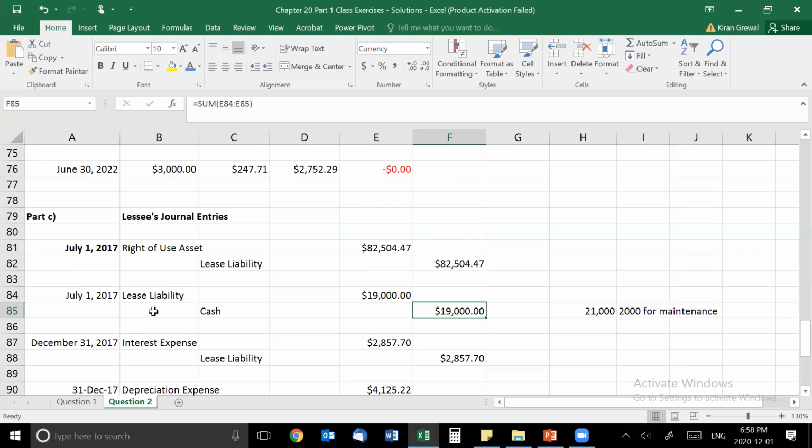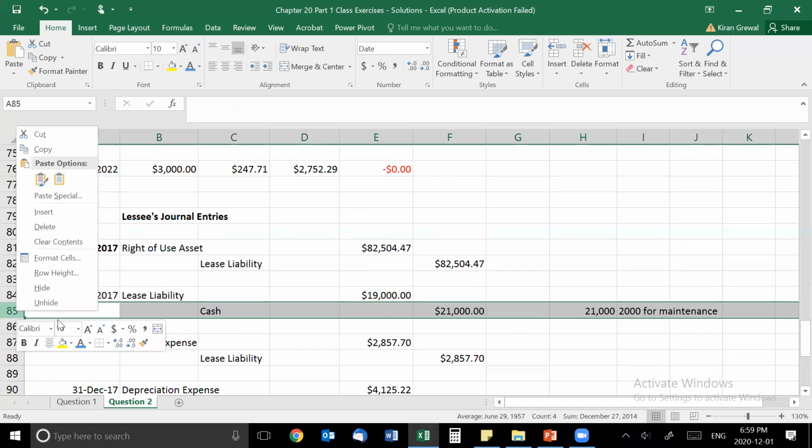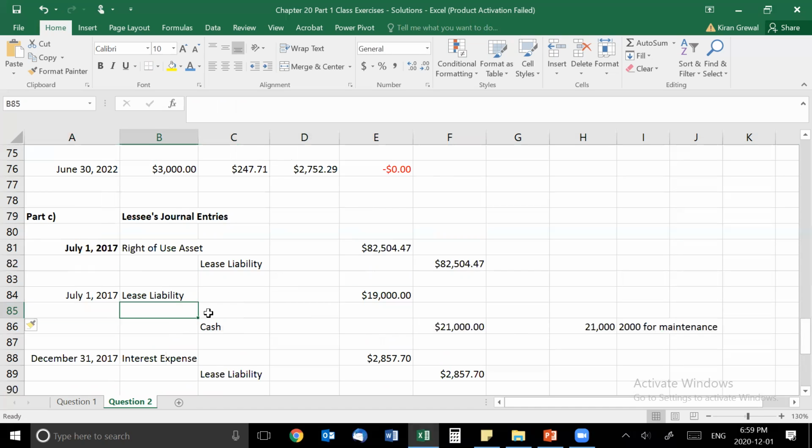Then your lease liability would only go down the 19,000 because that's what you use for your PMT. Your cash would have been 21,000. And then to balance this, you're going to have another entry to maintenance expense. Maintenance expense, and that's going to be the 2,000.